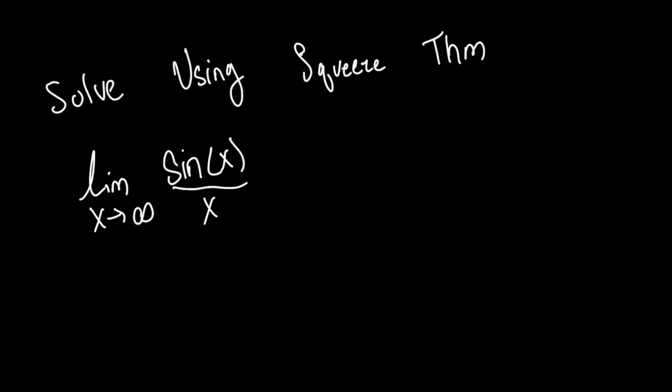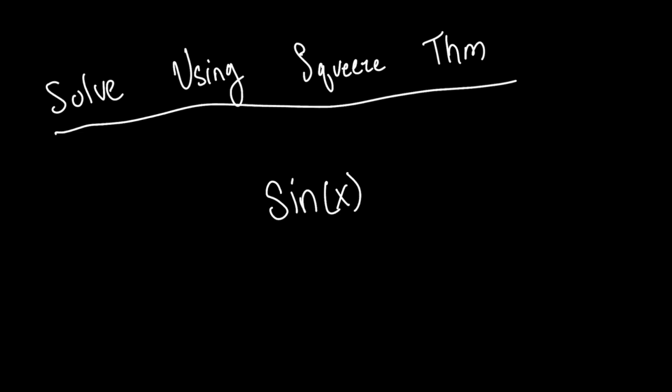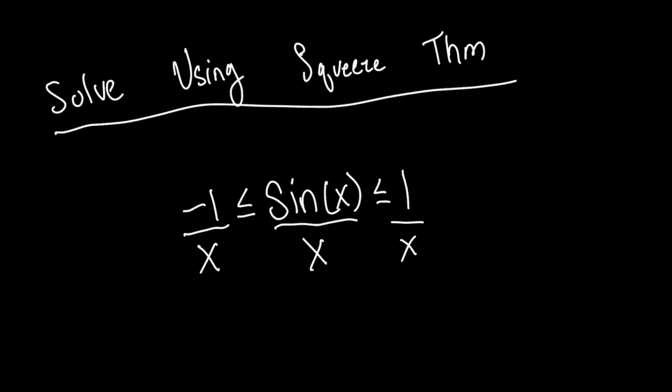All right, let's solve this using the squeeze theorem. So we know sine of x oscillates between -1 and 1. Therefore, the value of sine of x will always stay in between -1 and 1. Now, if we divide all three of these by the value x, we get that sine of x over x is going to be in between -1 over x and 1 over x.